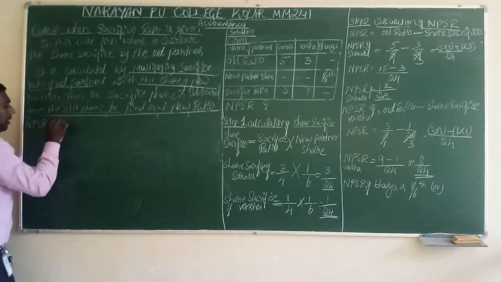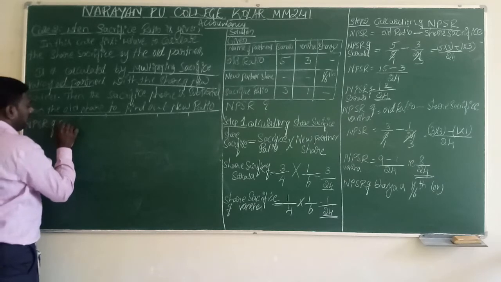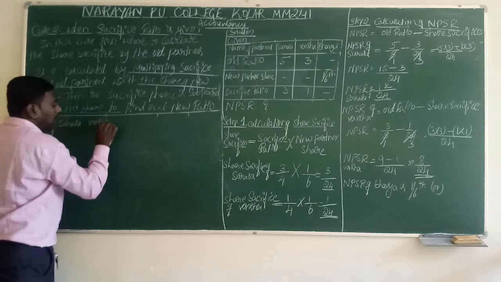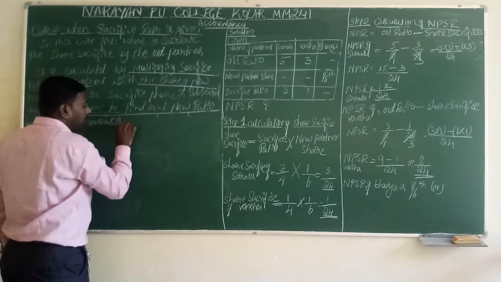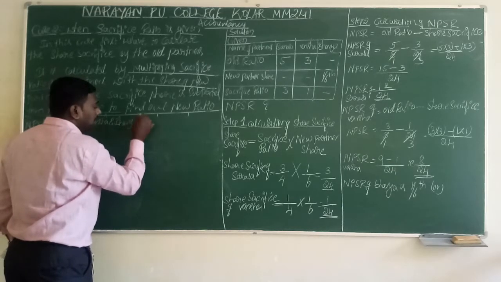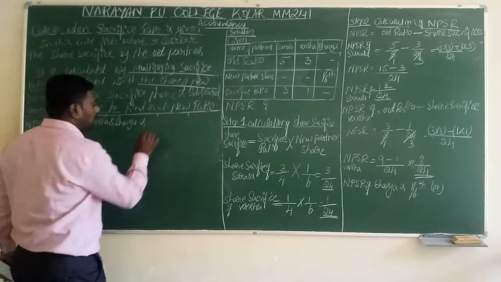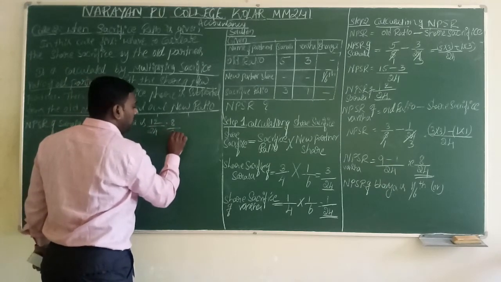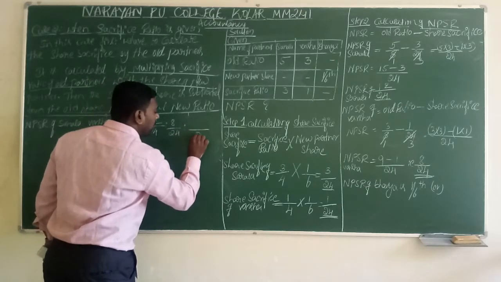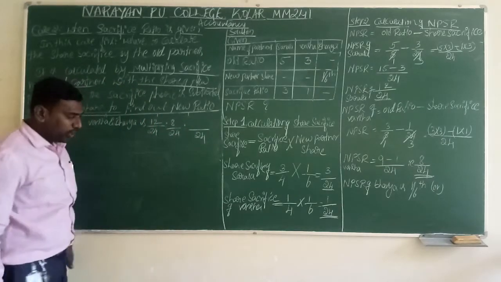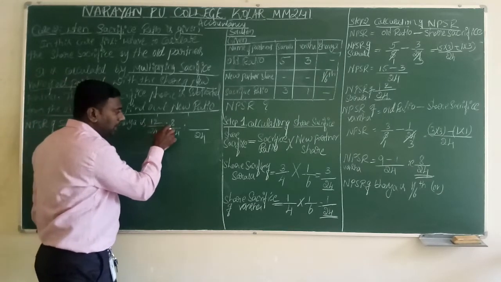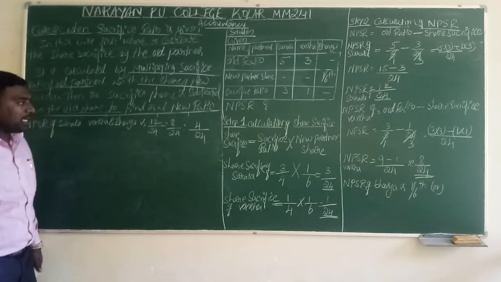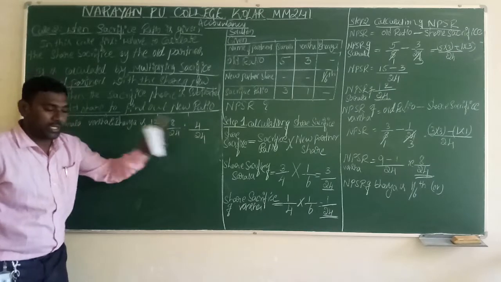NPSR of the first partner Sarala, Varsha and Bhavya is 12 divided by 24 is to 8 divided by 24 is to, again 24 is common. 12 plus 8 is 20, 24 minus 20 gives 4 as the missing fraction, so the new partner's share is 4 divided by 24.